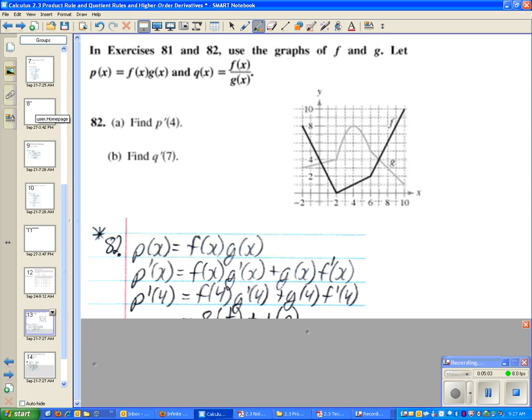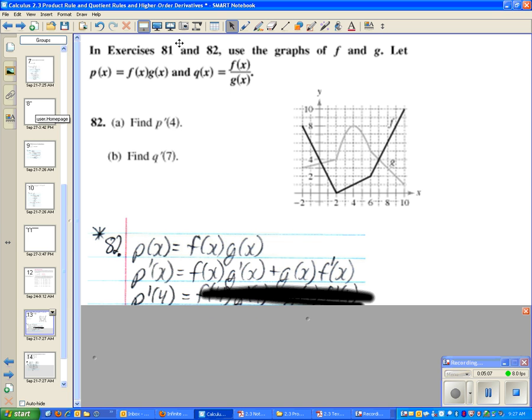Close your eyes. Open them. All right, so p prime of 4 means to find the value of p prime when x equals 4.